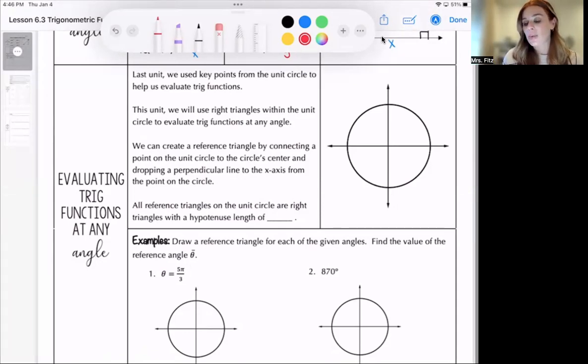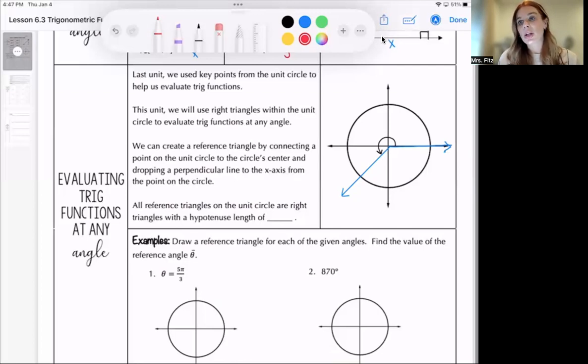So let's say we have our terminal side here. We always start on the positive x-axis, and we have some angle that's rotated maybe into quadrant 3. And so we have our terminal side right here. Well, this angle is not an acute angle, right? It's larger even than 180 degrees.